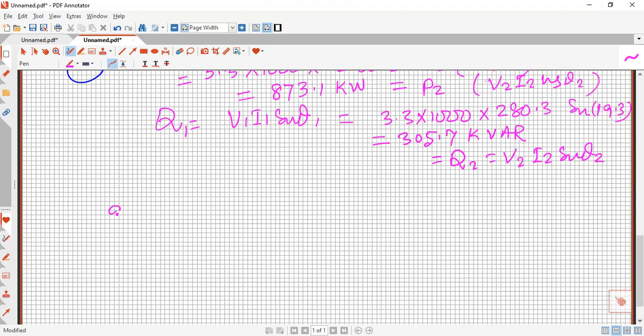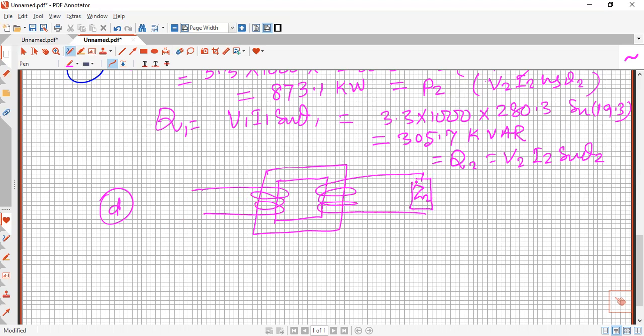Now coming to part D. Part D is asking the value of impedance which, connected directly across the source, would draw the same real and reactive power. If you see this transformer circuit, in the question we have already connected impedance Z2.